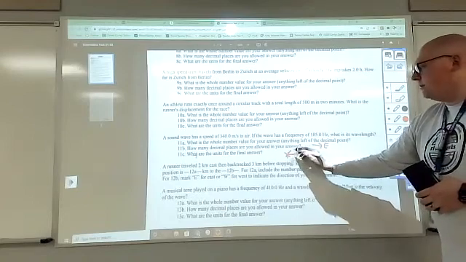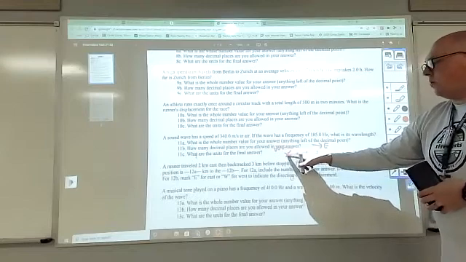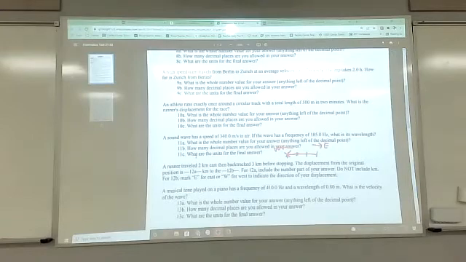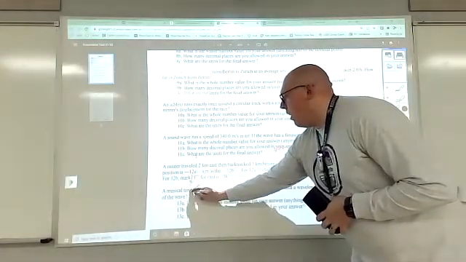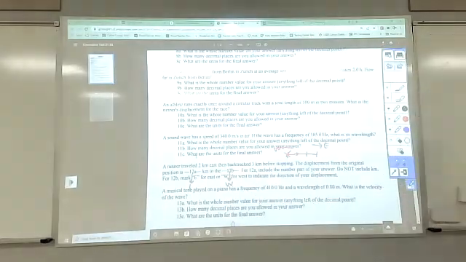Right here is going to be my end point, and it's clear that my final position is west of my original starting place. Okay? And it's also clear that my final position is 1 kilometer west of my starting place. So for 12A, we should have put 1, and for 12B, we should have put W for west.